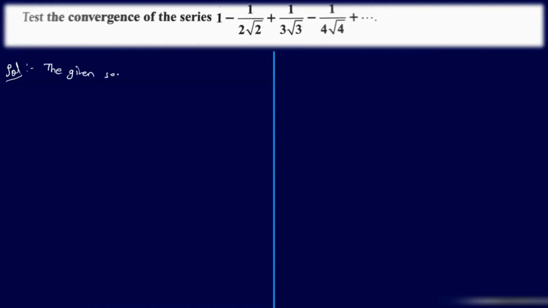The given series, I'm just writing it for more clarity, because in the examination you can expect a question on this alternating series: 1 minus 1 by 2 root 2 plus 1 by 3 root 3 minus 1 by 4 root 4 and so on is an alternating series.